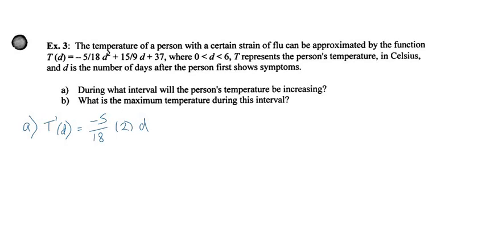And then the second term, that's linear, so it's going to be just 15 over 9, just the coefficient. And then the constant's going to go away. It's going to be negative 10 over 18 times d plus 15 over 9. And we can factor that. We can pull out negative 5/9, and that's going to work out to be d minus 3.